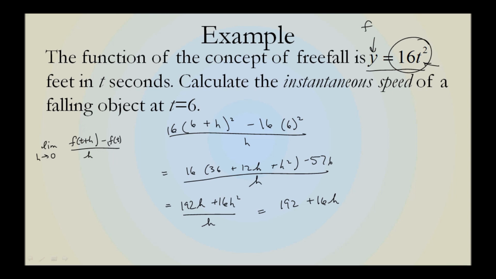So again, when we use smaller h values or smaller tolerances, we get more accurate results. When h is equal to 0.1, instantaneous speed is 193.6 feet per second. However, when the h value is equal to 0.00001, we find that it can be more accurately calculated to yield 192.00016 feet per second.